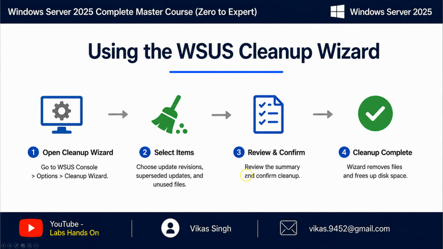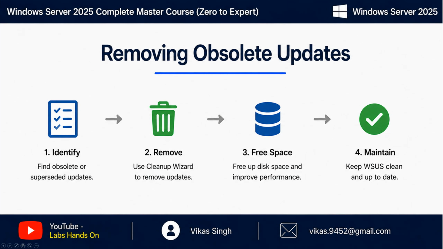So let's understand this one by one. Removing the obsolete updates. Another important WSUS maintenance task is removing the obsolete and suspended updates. In the first step, to identify the updates that are no longer needed, use the WSUS Cleanup Wizard to safely remove the outdated updates automatically from your machine.